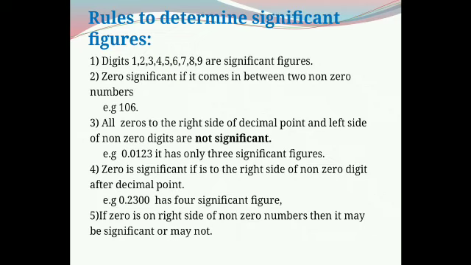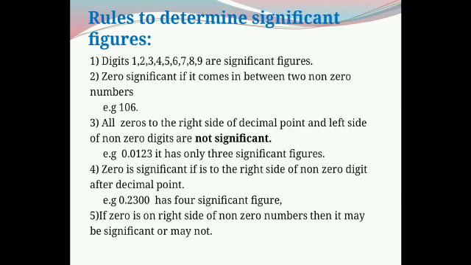Then 2 and 3 are non-zero numbers, therefore they are considered significant figures. And after 3, there are 2 zeros. Those zeros come after the decimal point and also after the non-zero digit, and therefore they are considered significant figures, and therefore in this number the total number of significant figures is 4, that is 2300.